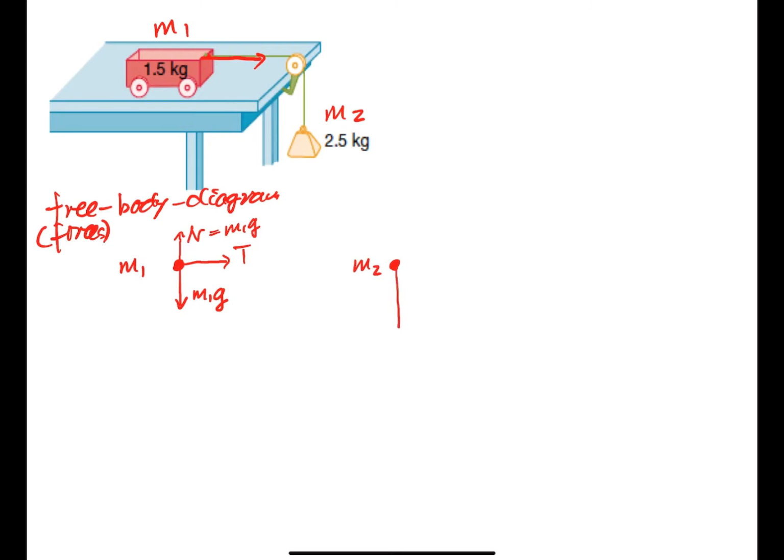One is M2G, and the length of T must be equal along the string. It means, why? Because along the string, the tension must be equal, if, put it this way, the mass of the string is negligible.